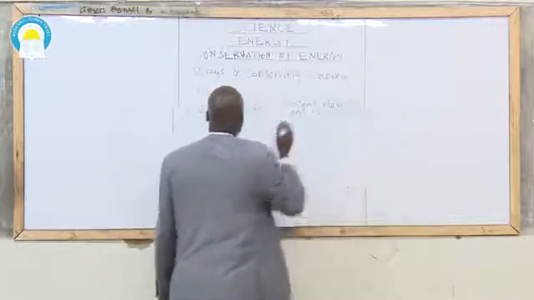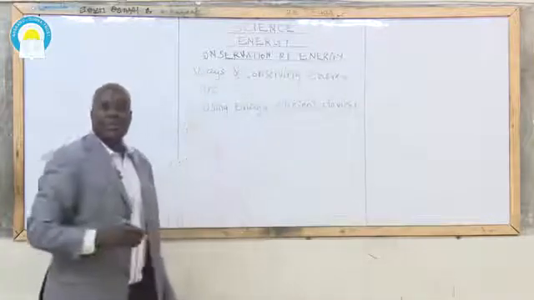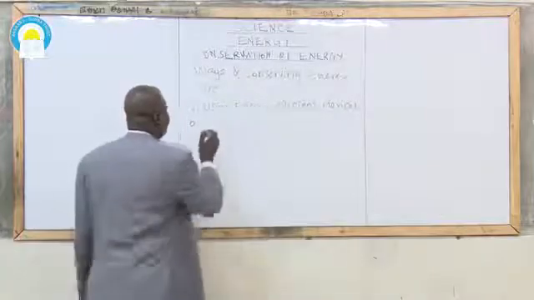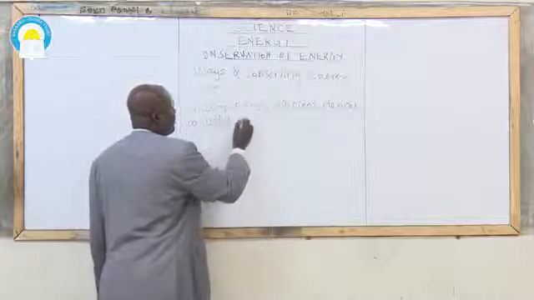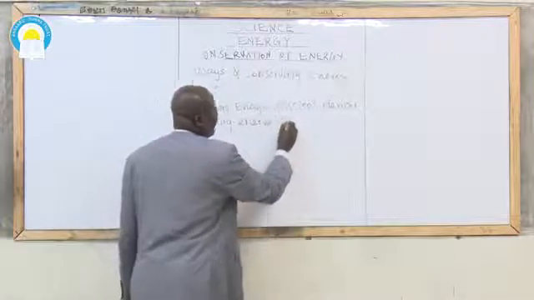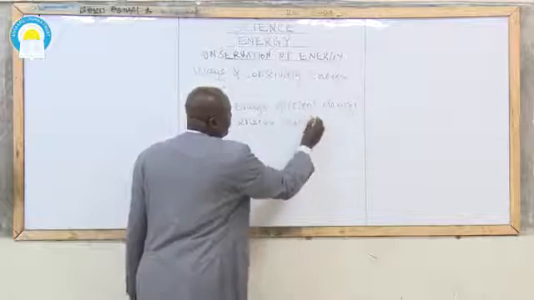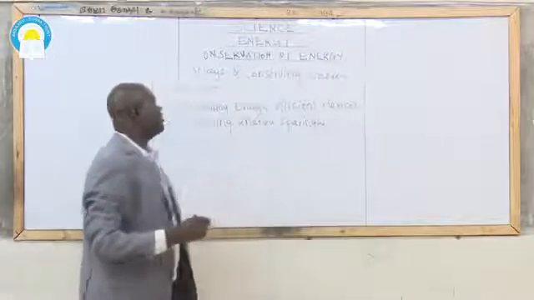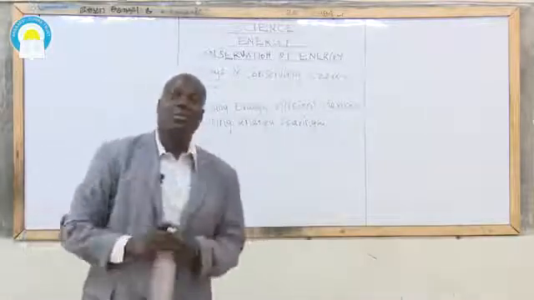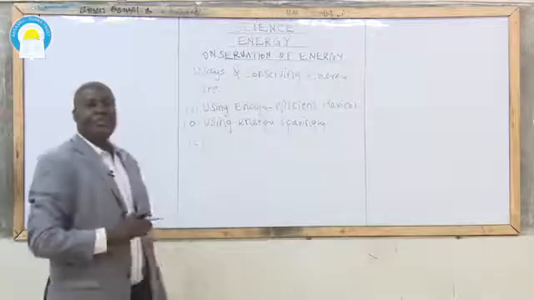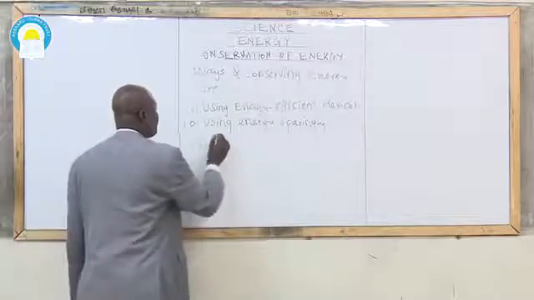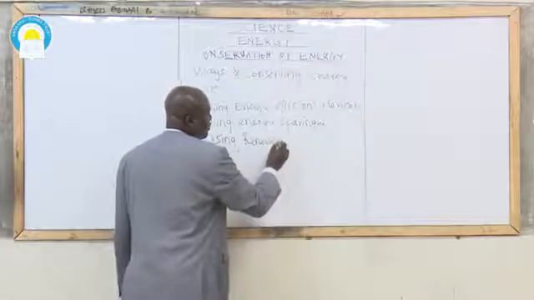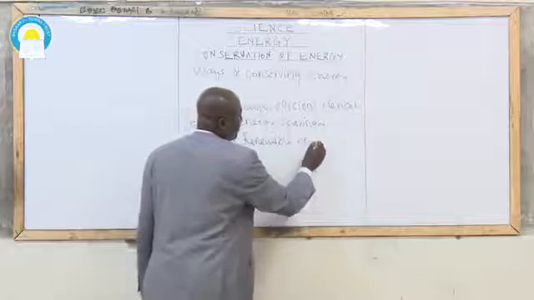Then number B, using energy sparingly. And then number C, using renewable energy.